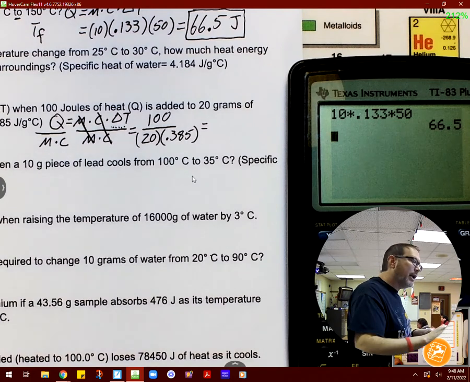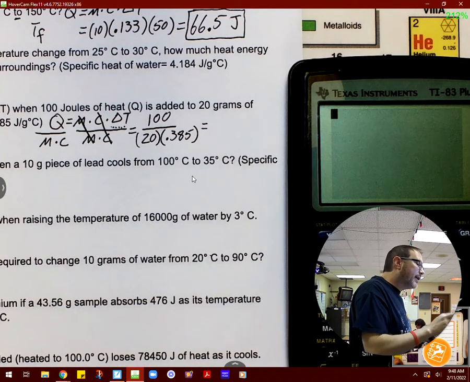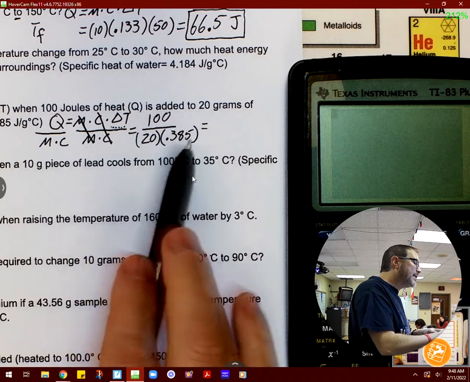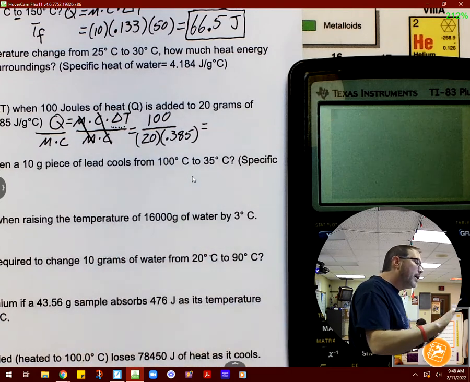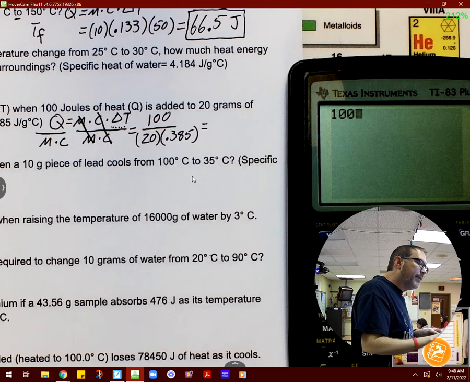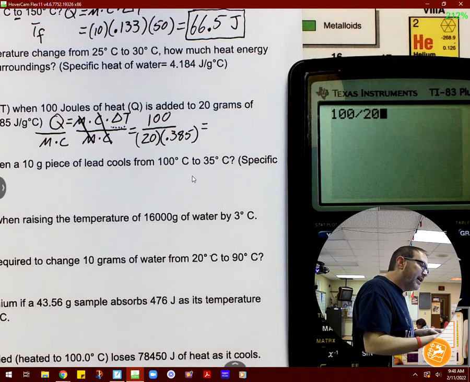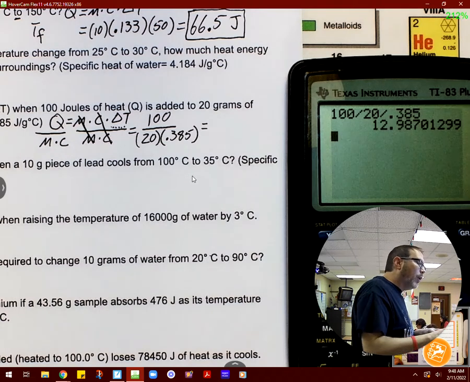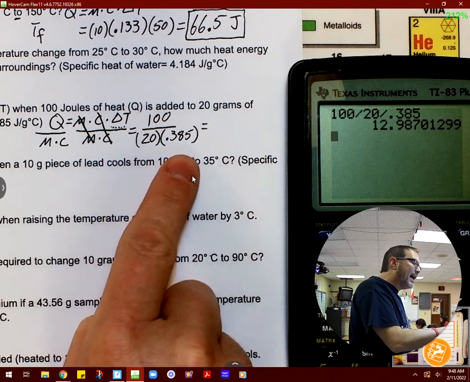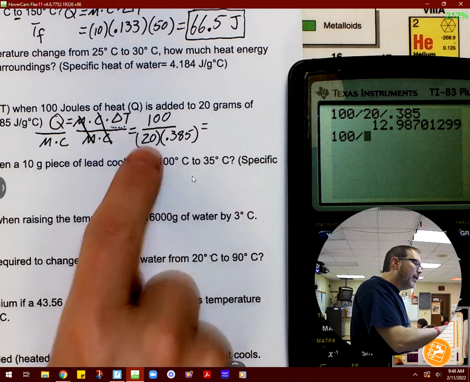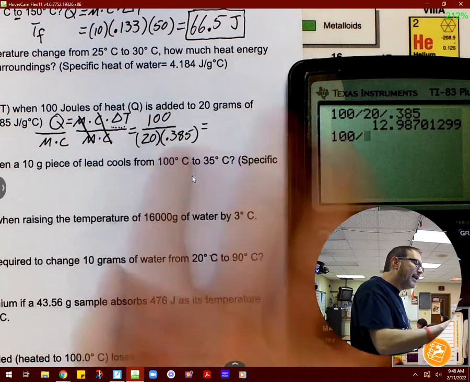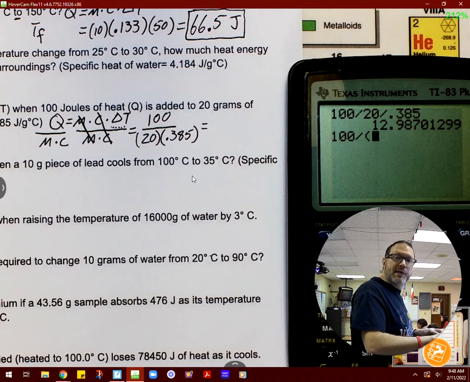Now, a couple different ways you can work this in your calculator. I've told you before that when you've got something like this, you multiply by everything on top and you divide by each thing on the bottom. So I can do it by going 100 divided by 20 divided by 0.385. Or another way is I can go 100 divided by those times each other, but if I do that, then I have to use parentheses on my calculator.